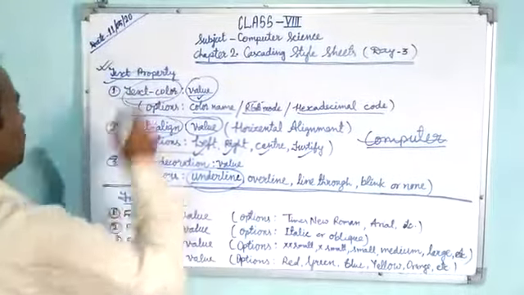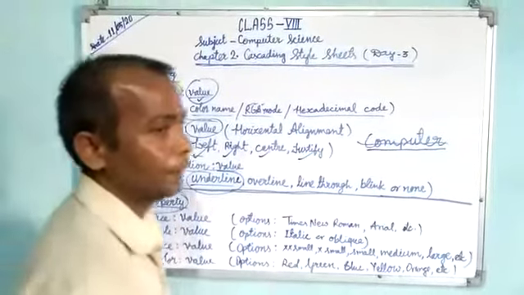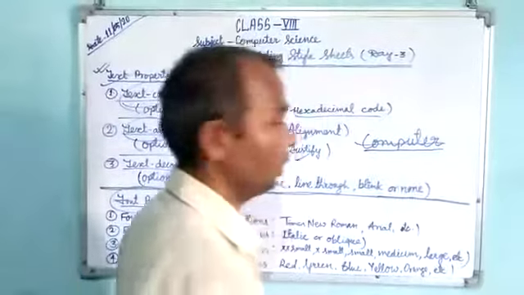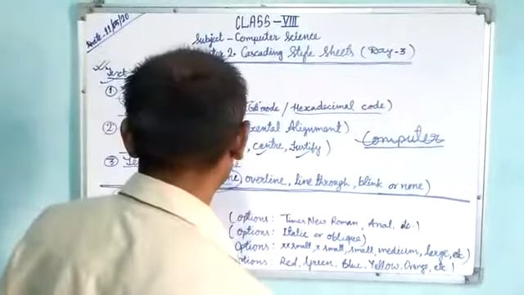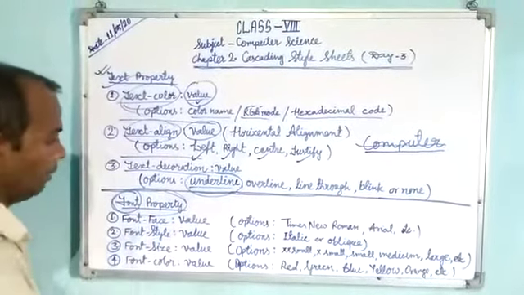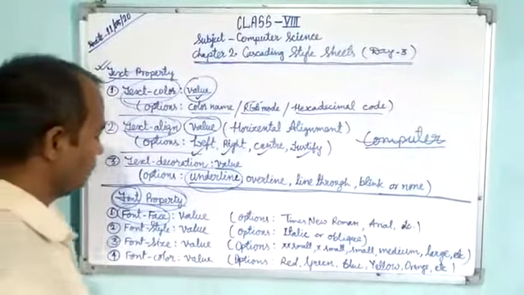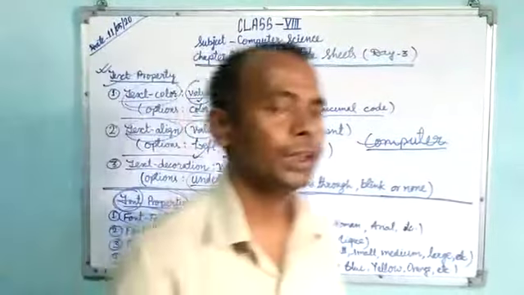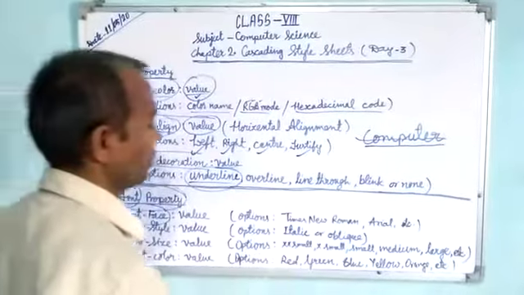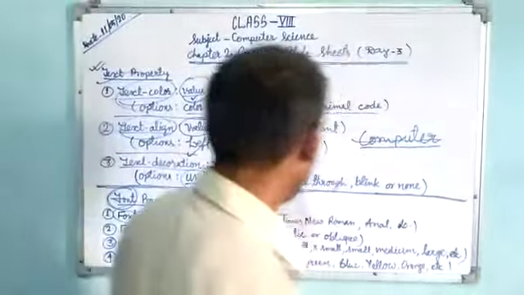So these are the text properties, and next is the font property. Font is the way of writing, how we actually write the text. We have values such as font family, in which we can choose any type of font, whether cursive writing, normal, sans, or Devanagari.